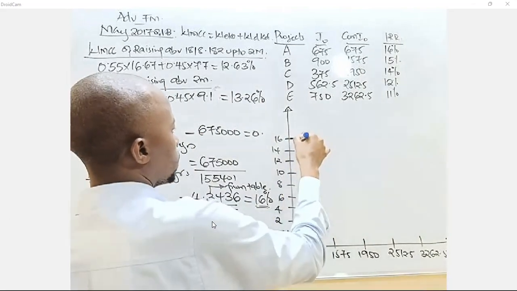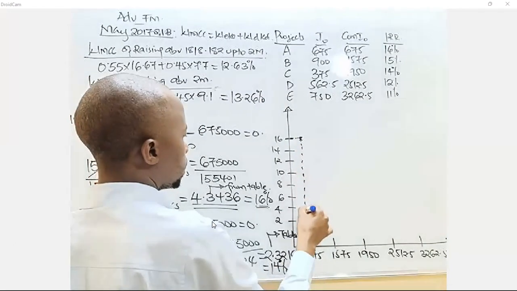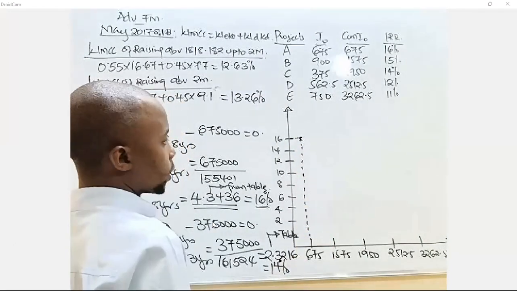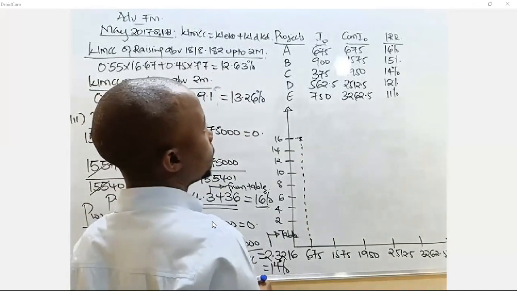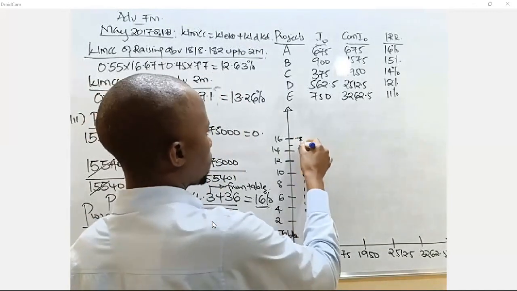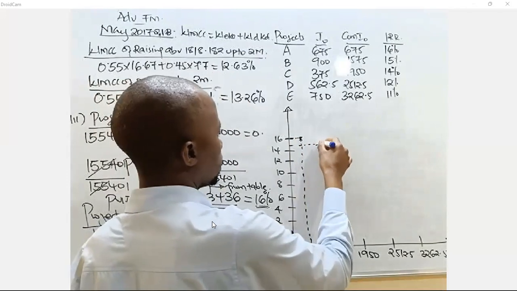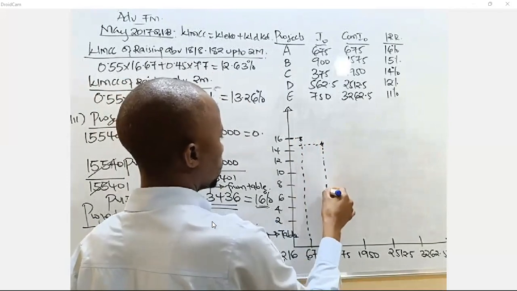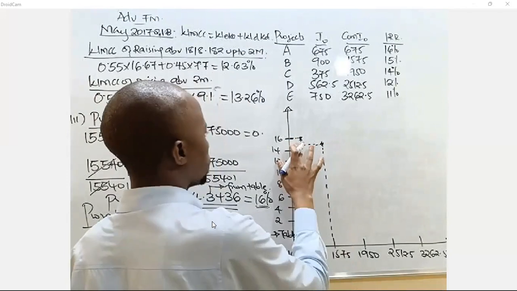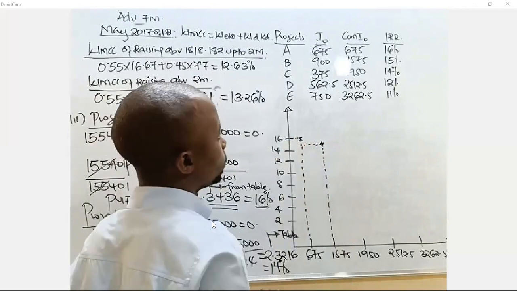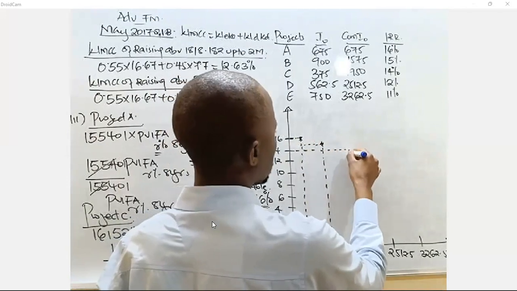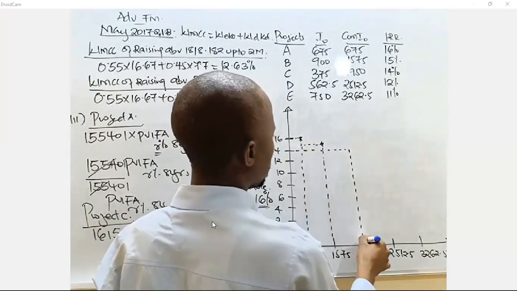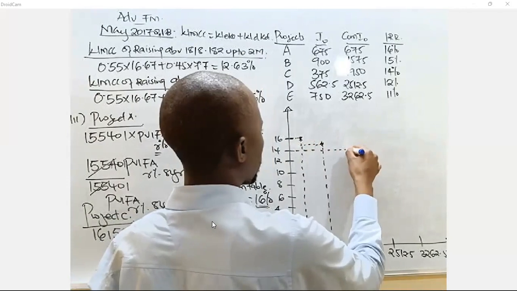So I can just draw it like that. That is my first project. Then 15, we're talking about 1575, something looking like this. Then the other one we have 14, which is there, against 1950, you see there? So it is somewhere there.